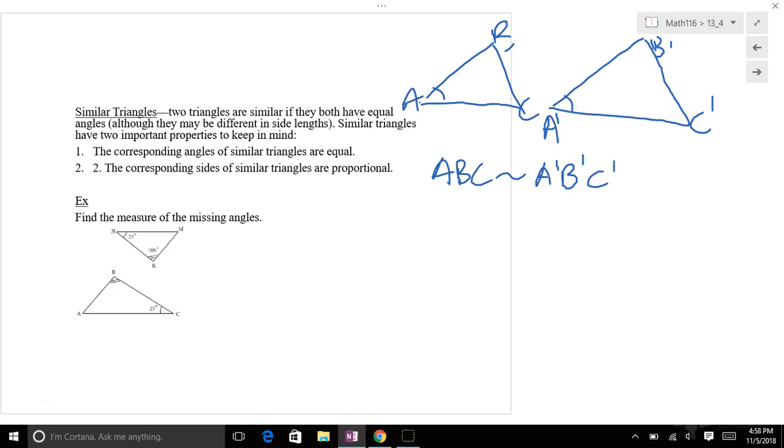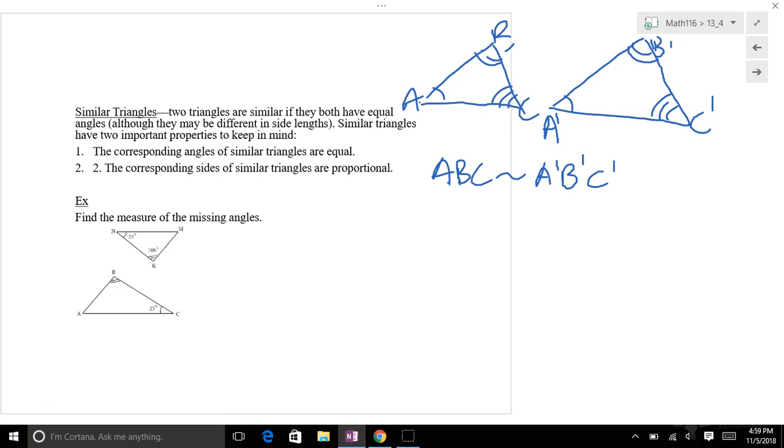So if that's 30 degrees, that one will be 30 degrees. If this is, I don't know, 100 degrees, B, then B prime will also be 100 degrees, which leaves you with 50 degrees for C and C prime.